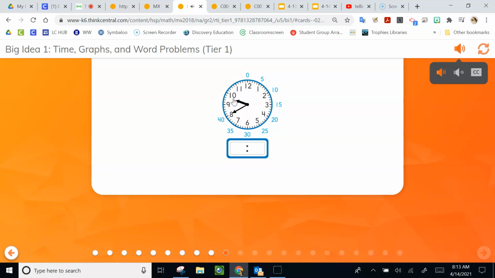Tap or click the clock to check your answer. It is 9:40. What time is it now? Tap or click the clock to check your answer.